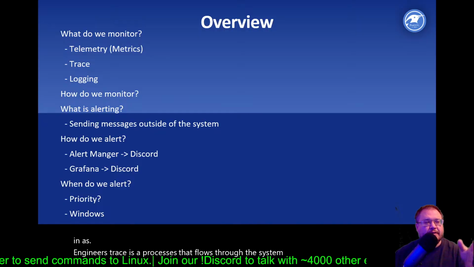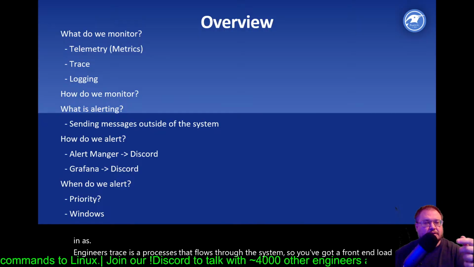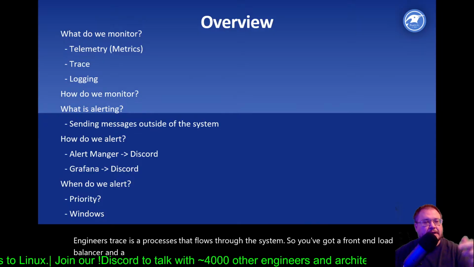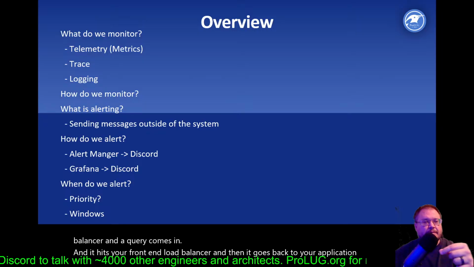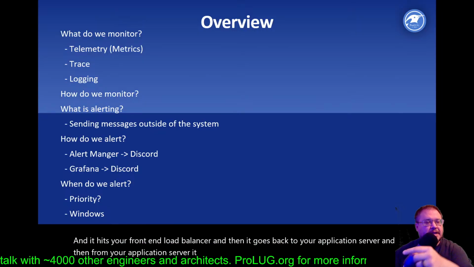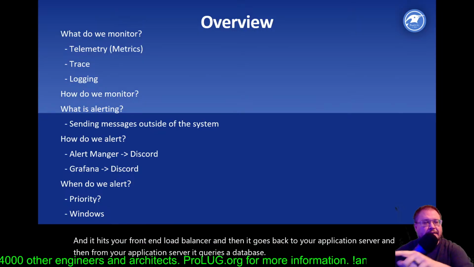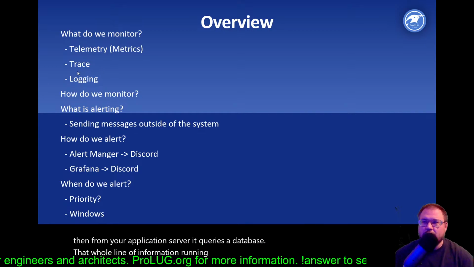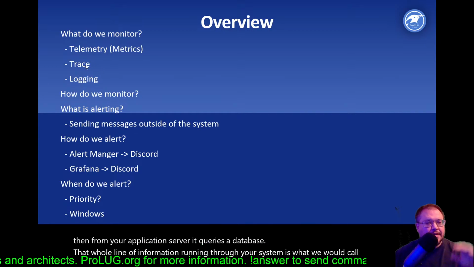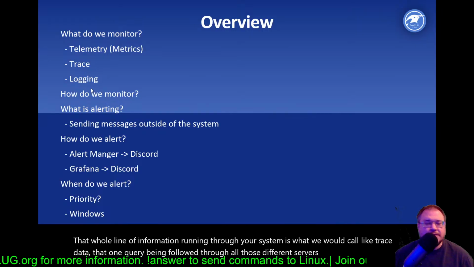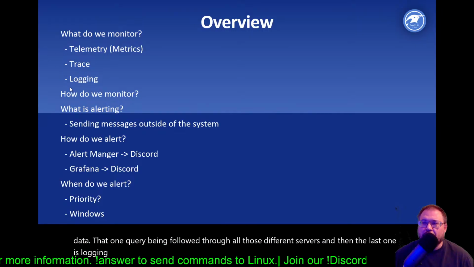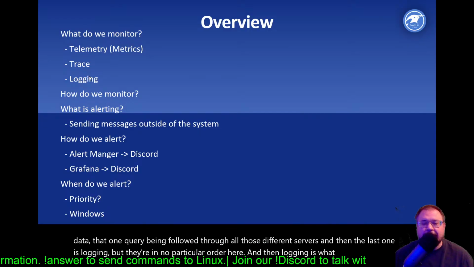So you've got a front end load balancer, and a query comes in and hits your front end load balancer, and then it goes to your application server, and then from your application server it queries a database. That whole line of information running through your system is what we would call trace data. That one query being followed through all those different servers. And then the last one is logging, but they're in no particular order here. Logging is what we talked about heavily last week.